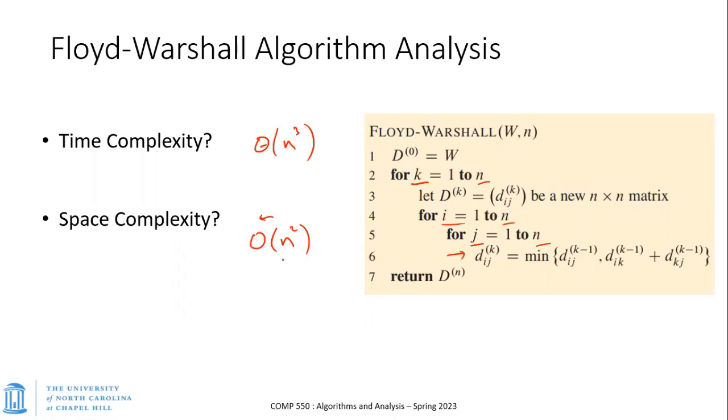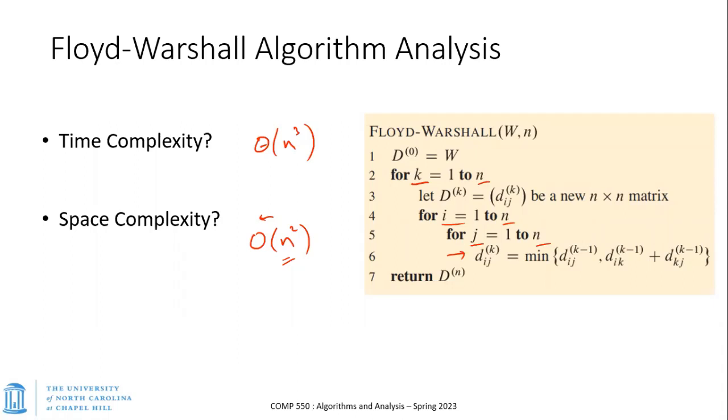In other words, each matrix is of size n squared, so clearly we're going to take space n squared, but we're keeping track of how many matrices? We're keeping track of V matrices, right? Because if there are V vertices, then we keep track of another n. So it seems like it's going to be n cubed. Would you agree? Each matrix takes up space n squared, and we have n of those, so it's n cubed.